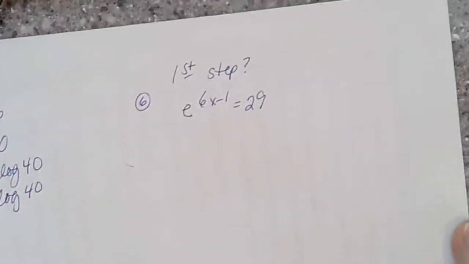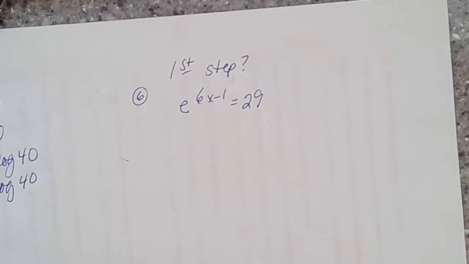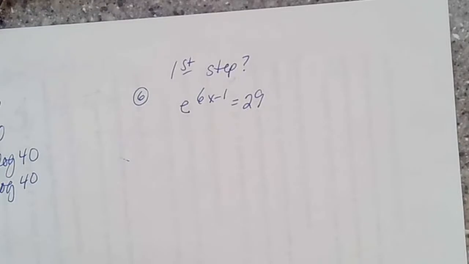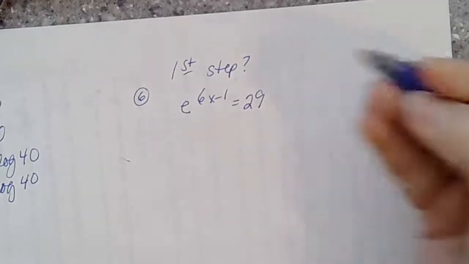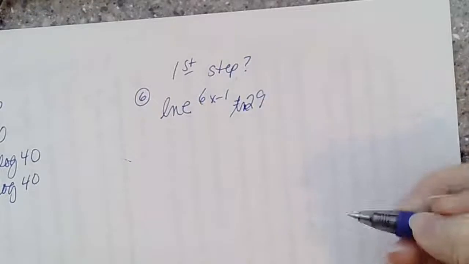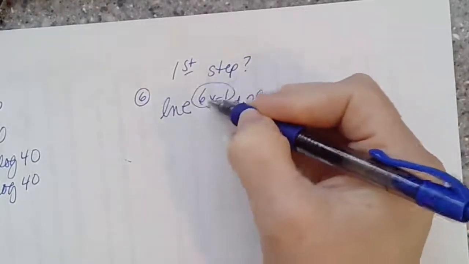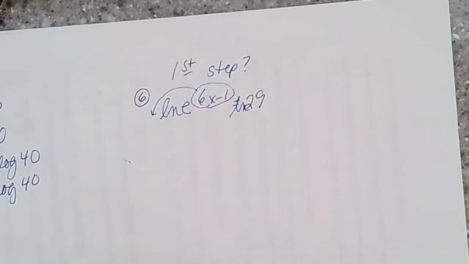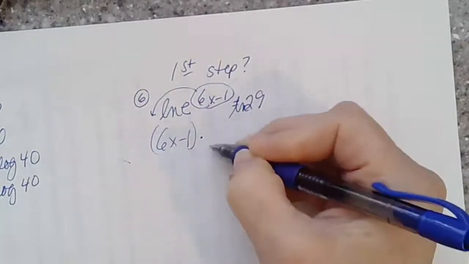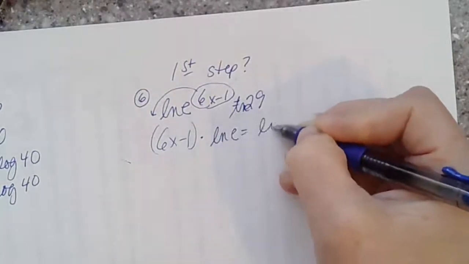Okay, this next one says, what's the first step for this one? So since the base is e here, the ln, the natural log button, works well with e. They play well together, I might say. So I would take the ln of each side, and then that brings this exponent down as a multiplier, 6x minus 1 times ln e equals ln 29.